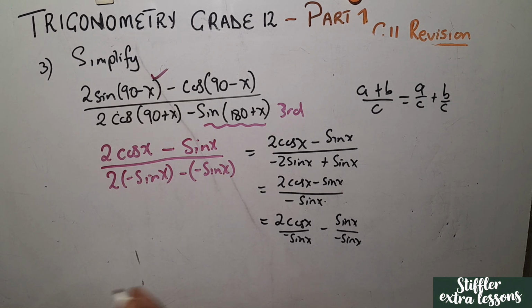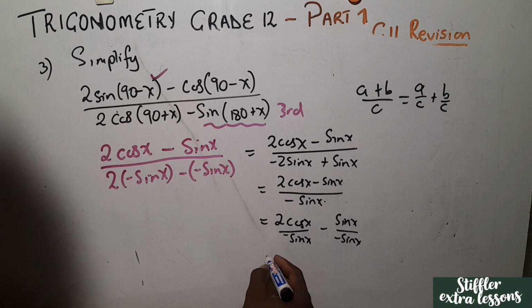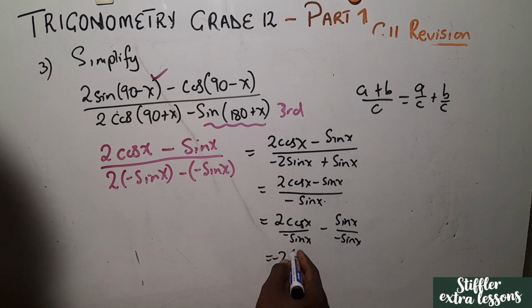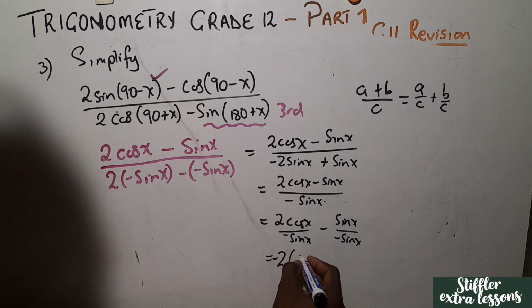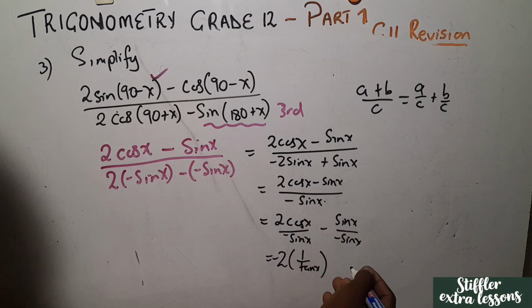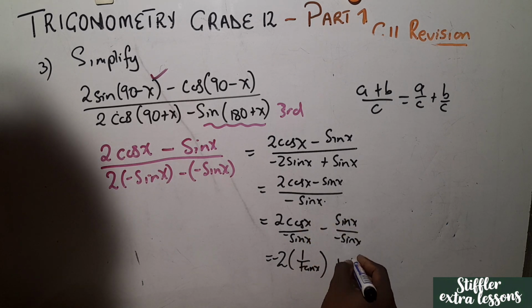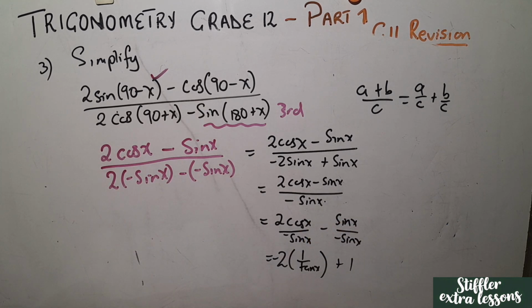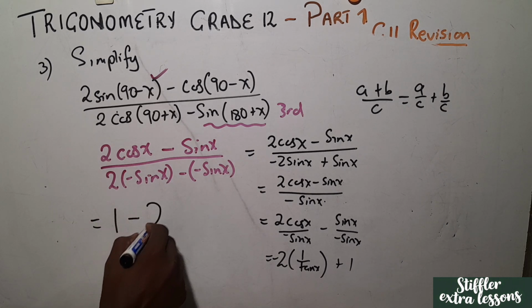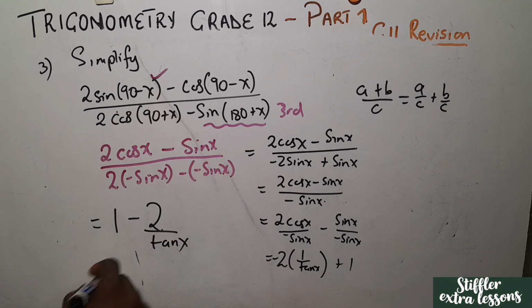So the next thing now, it means that this will be 2, and we said cos over sine becomes what? This becomes 1 over tan of x, and negative can cancel now. This will be plus 1. So our final answer now is 1 minus 2 over tan of x.